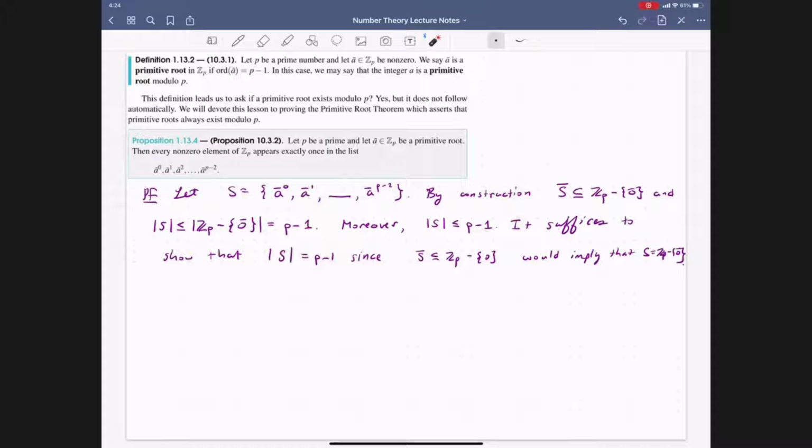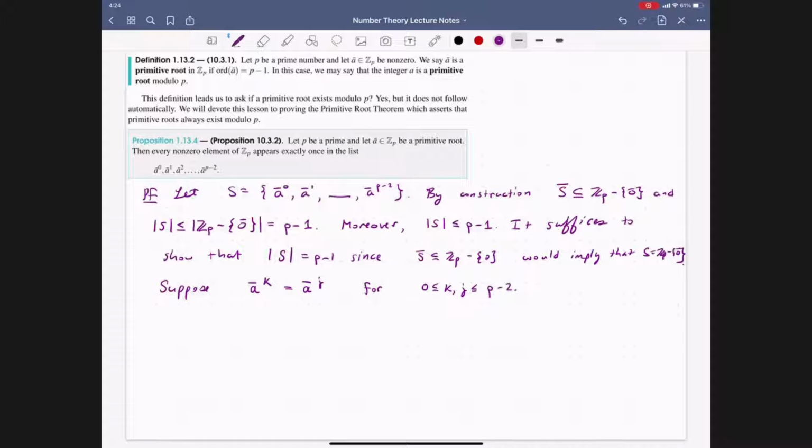So what must happen if this were not the case? That would mean that there would be at least 2 of these elements so that they would be equal. So let us go ahead and do that. And we're going to be doing this directly. So suppose that a bar to the k is equal to a bar to the j, for k and j between 0 and p minus 2.